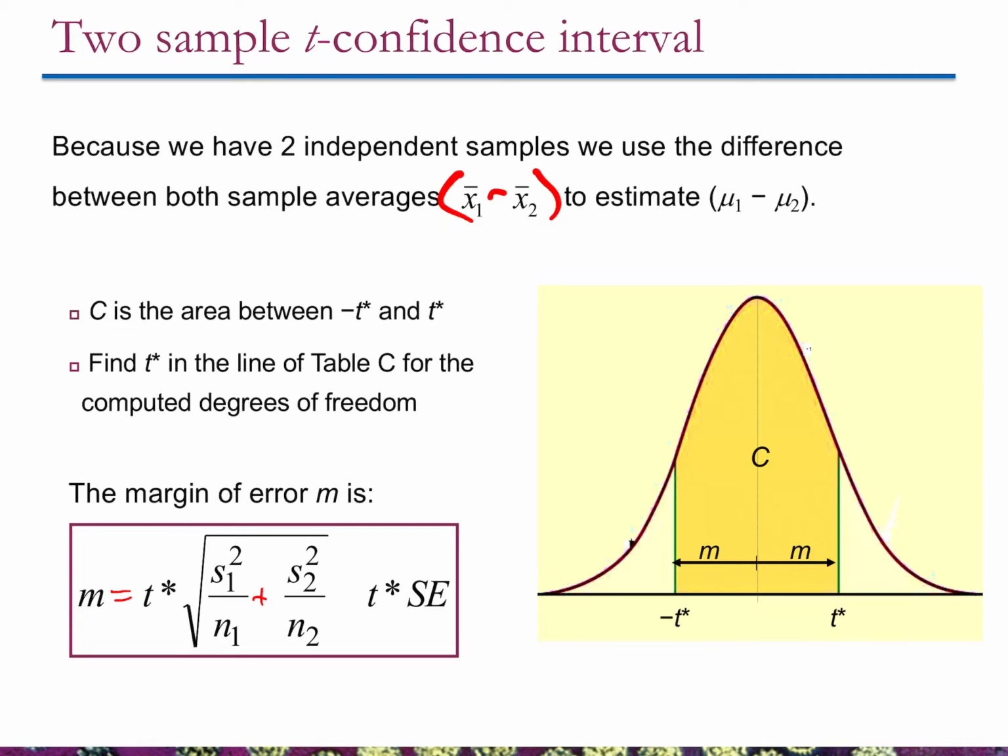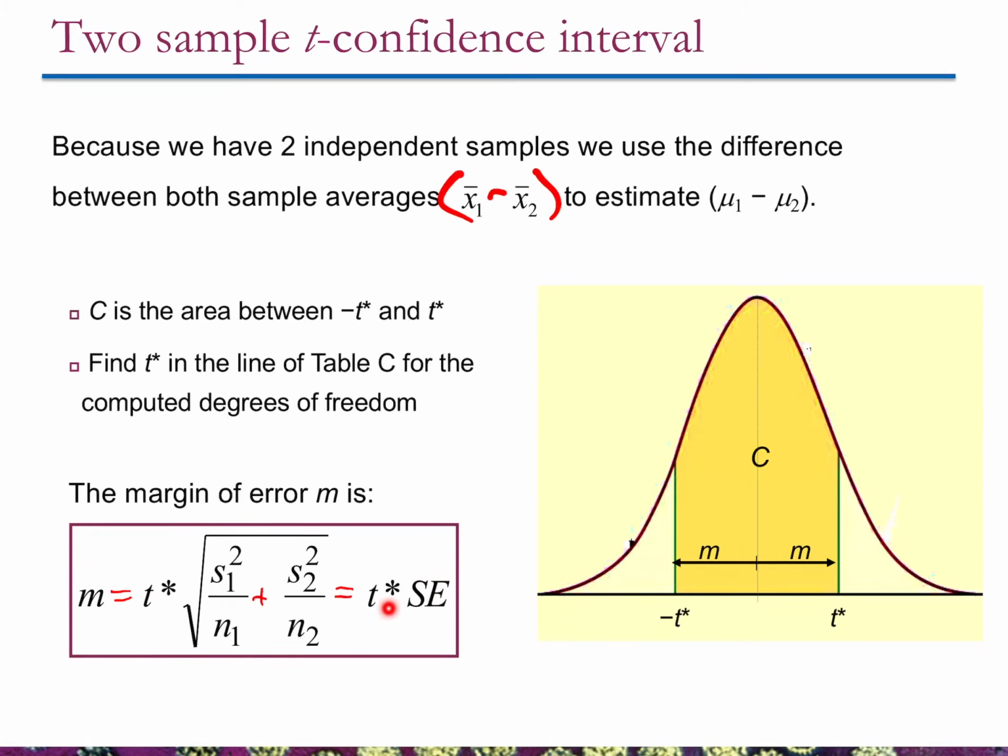Remember that to calculate a confidence interval, we have to calculate a margin of error. In this case, the margin of error equals the critical value of our test statistic, t, that we look up in a table for a given confidence level, multiplied by the standard error of the mean. If we're using 95% confidence, we look up the appropriate value for that. If we're using 99% confidence, we look up the appropriate value in the table.